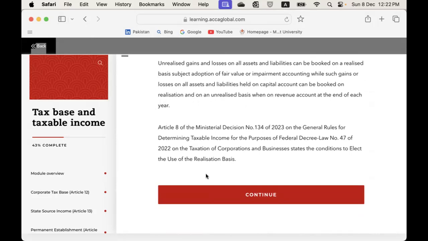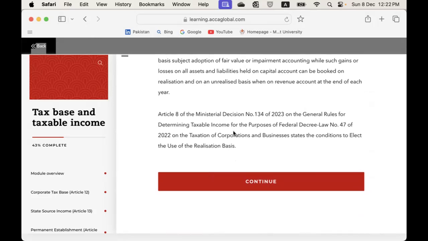So that's the alternative treatment. Again, this was also detailed in ministerial decision number 134.